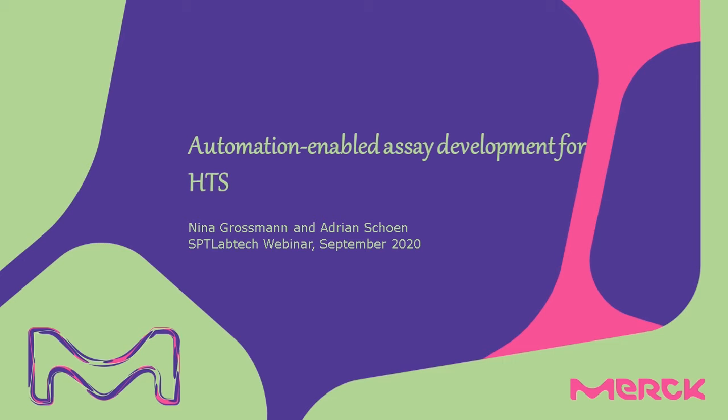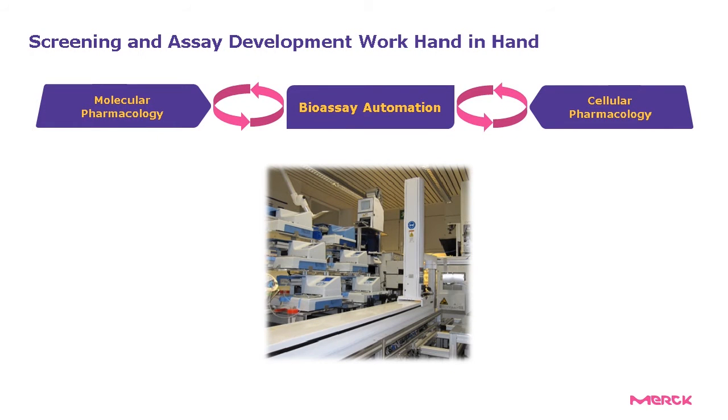When we talk about high throughput screening, I would like to introduce to you a little bit how discovery pharmacology at Merck in Darmstadt is organized. We have three departments here. One department is molecular pharmacology, the other one is cellular pharmacology, and we have the bioassay automation department.